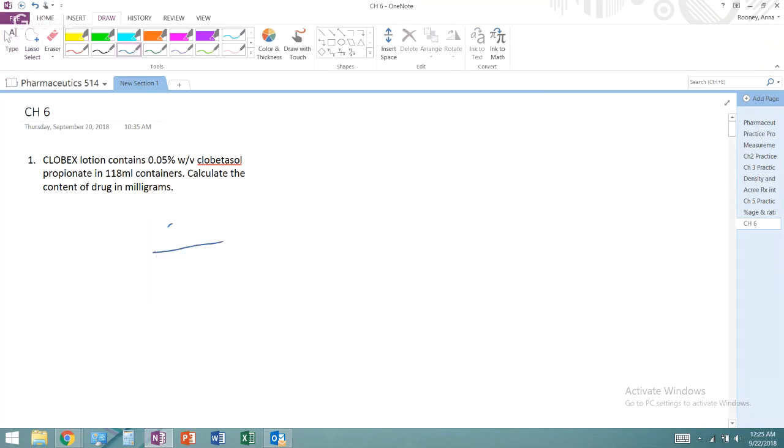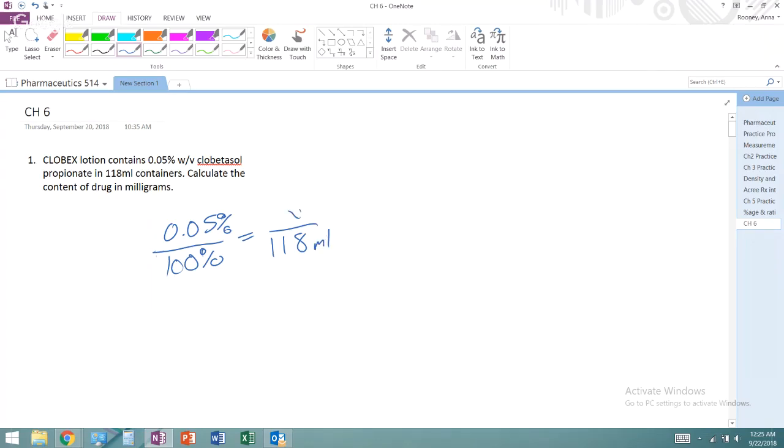So I would do this as a proportion. We know how much the full container is, and we know what our percentage is, and we know that that's the 100%.